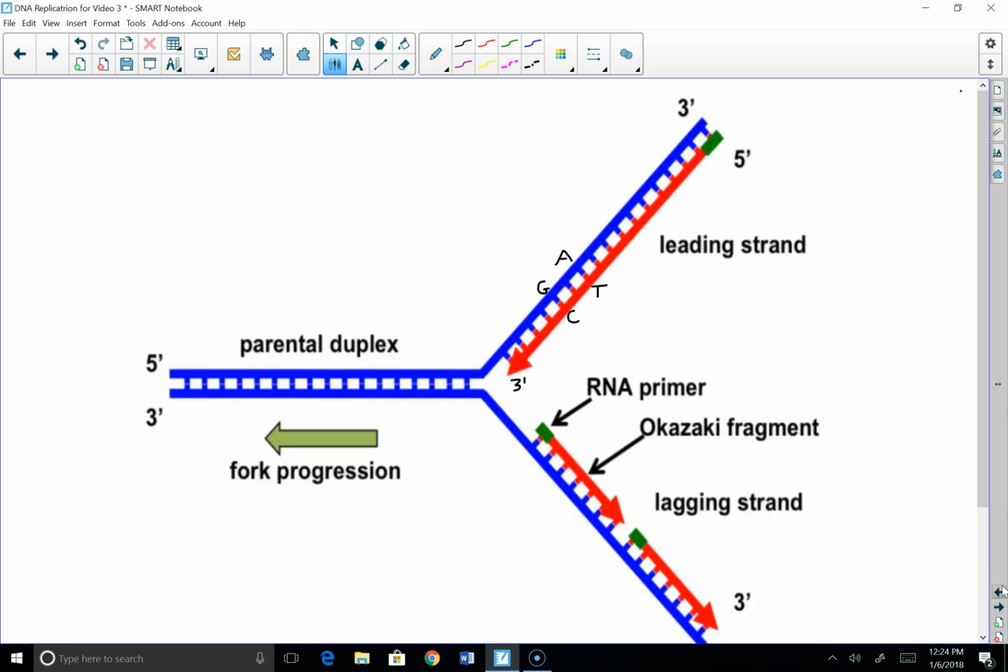If you look at this diagram, there is your replication fork, and in this particular case, the leading strand is over here. And the way it is working is, as fast as the DNA can unzip or break apart, this new red or complementary strand is being created.